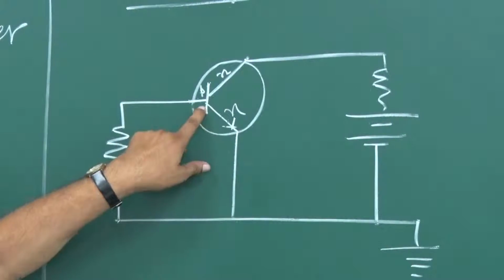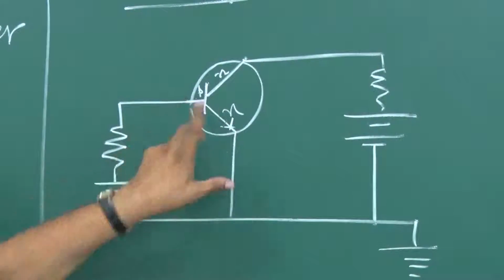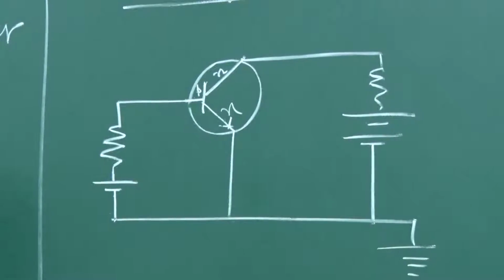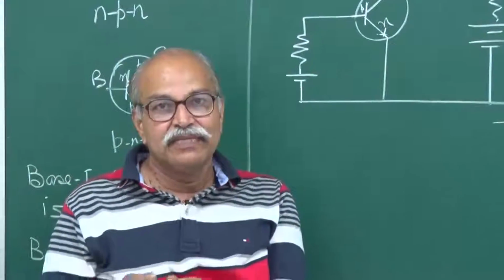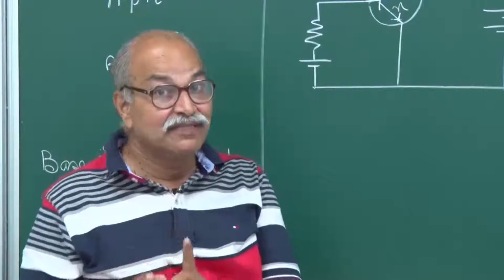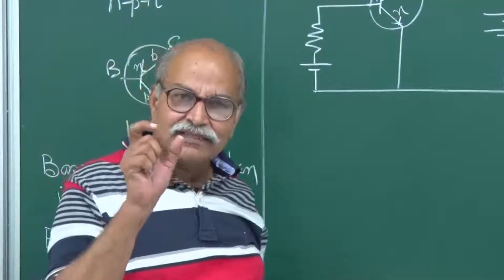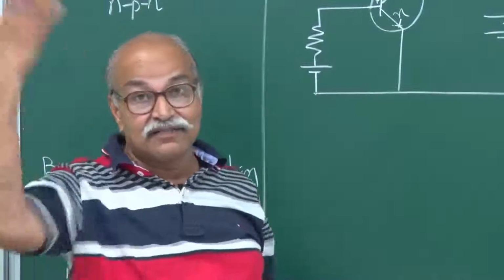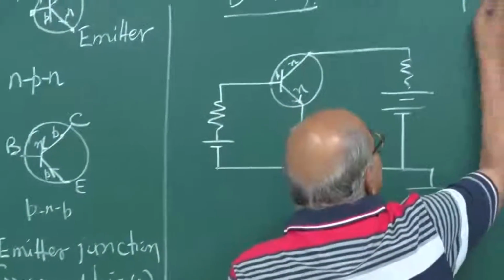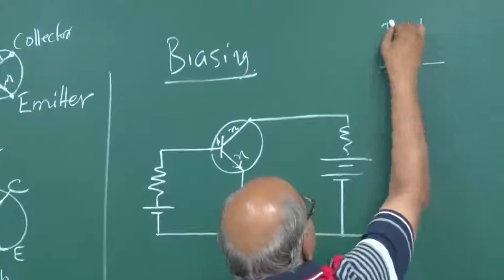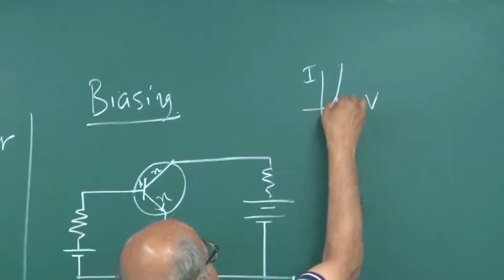You remember, in a forward biased PN junction, the voltage appearing across this PN junction has a certain value, because after that current shoots exponentially. So it's like this, that current voltage characteristic.